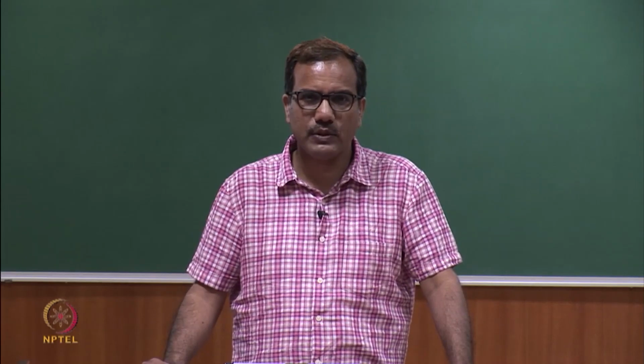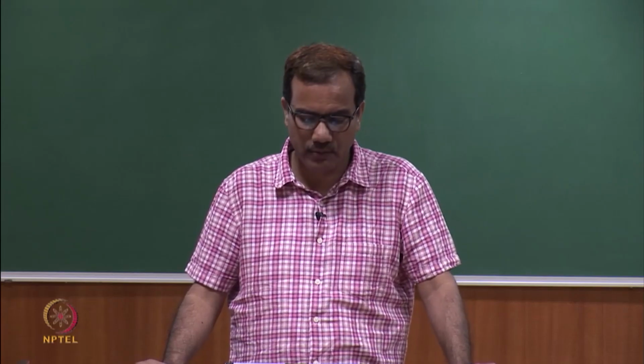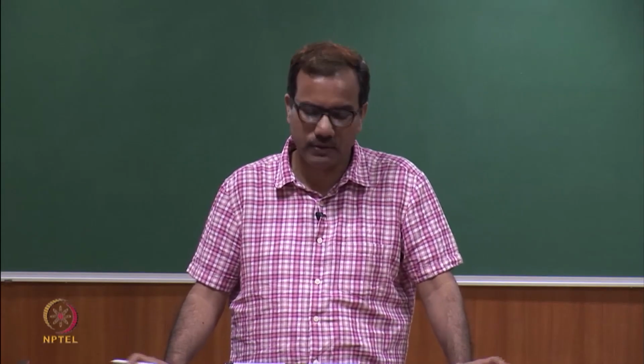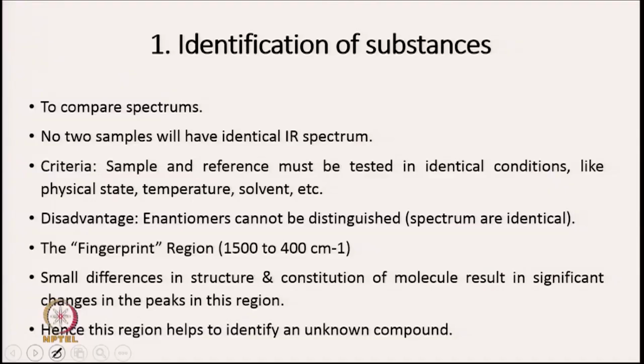Two different samples are not going to have identical IR spectra. So, you take 2 molecules and try to see their IR spectrum, that is not going to be the same. We are certainly talking about when those 2 molecules are in identical conditions.